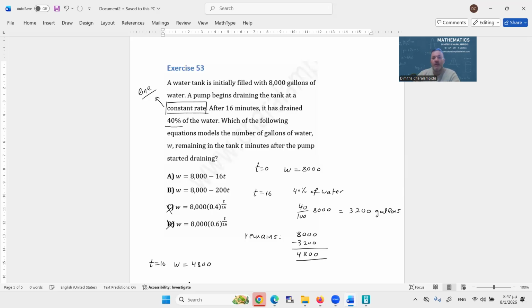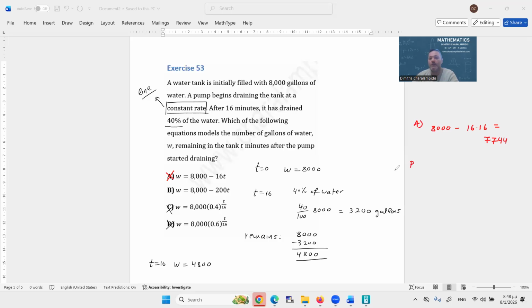So when t is 16, W should be 4,800. If we go on A, let me write it here, we would get 8,000 minus 16 times 16. With the use of calculator, that would be 7,744. So A should be rejected.